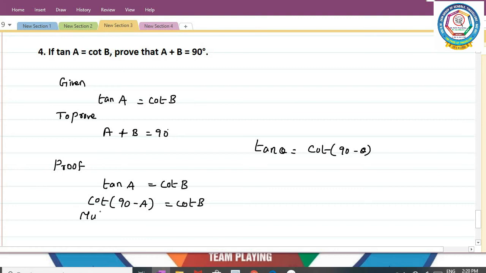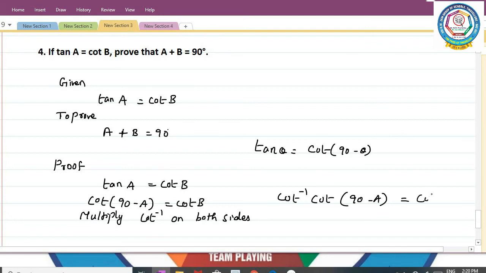So multiply cot inverse on both sides. If I multiply cot inverse, then cot inverse cot of 90 minus A equal to cot inverse cot of B. So I can cancel cot inverse cot, here also I can cancel cot inverse cot.